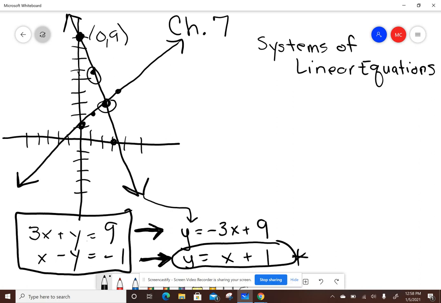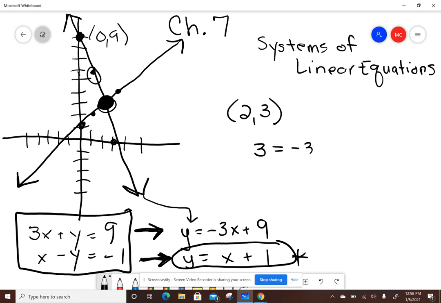So what's important here is where this system intersects. That intersection represents a point that is not only a solution to the first equation, but it's also a solution to the second equation. So let's make sure that that's true, because the solution is 2, 3. So I'm going to plug it into the first equation.